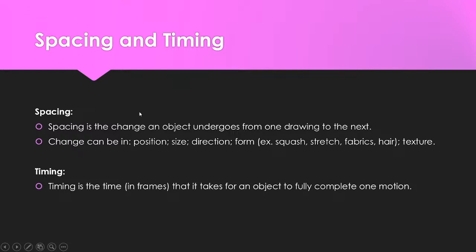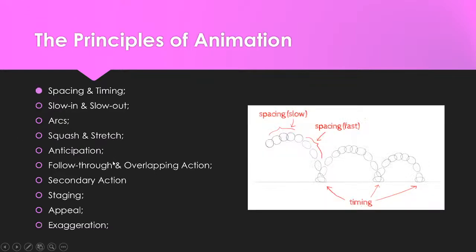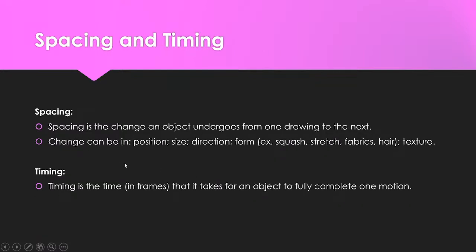So, back to here. Spacing is the change that an object undergoes from one drawing to the next, and that change can happen in a lot of ways. In here, it happens in position, which is the most obvious, but it can also happen in size, in the direction that an object is facing.